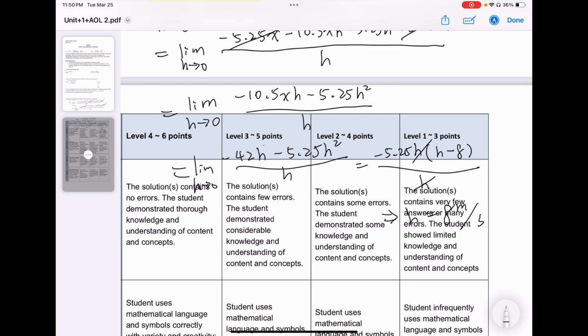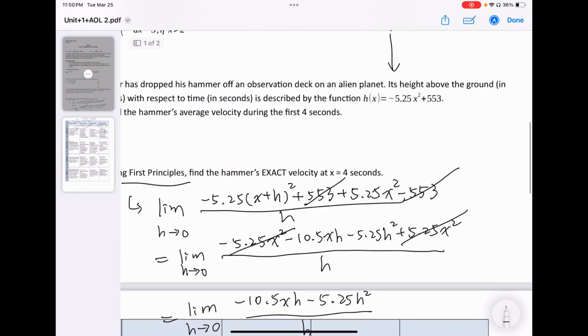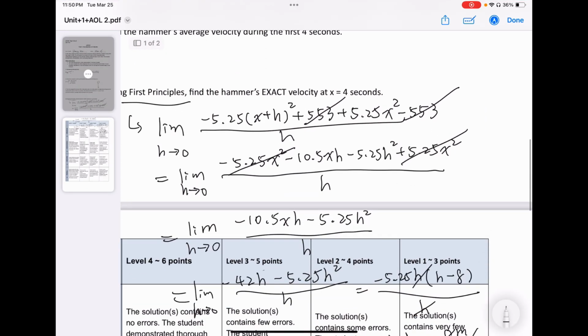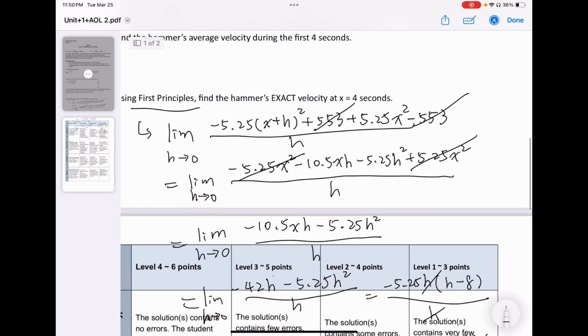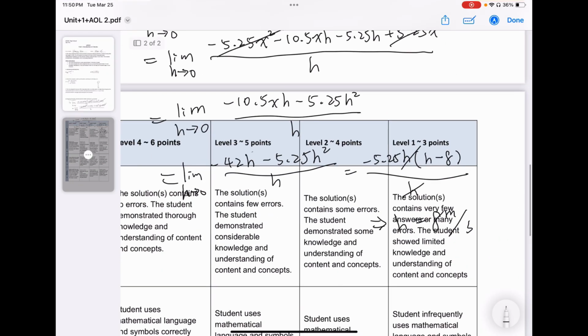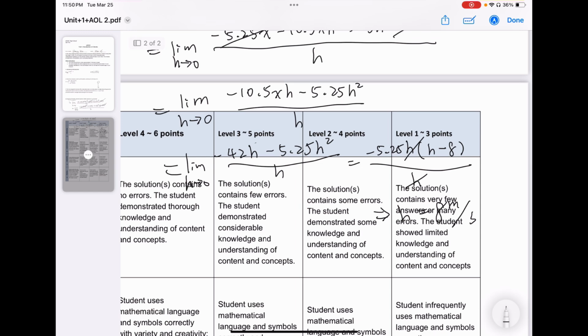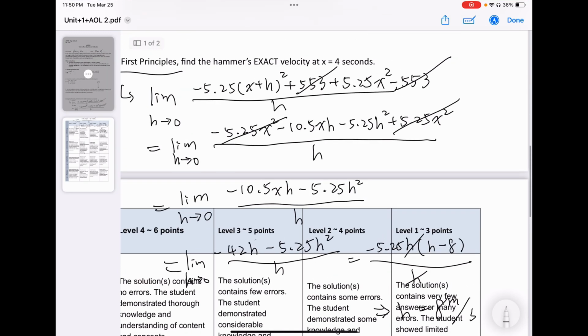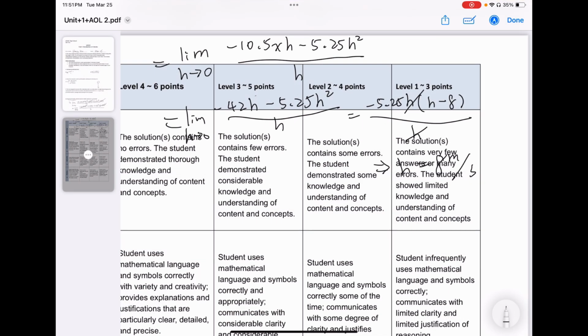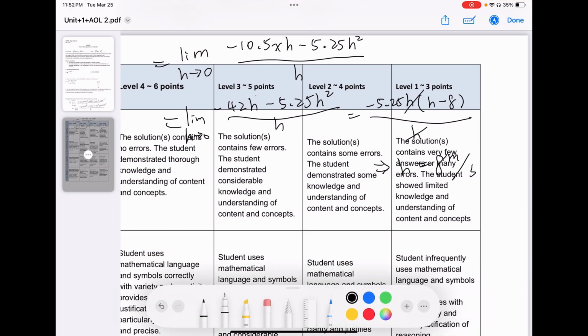So the velocity of the hammer will be 8 meters per second. Oh, sorry, here it's not h equals 8.